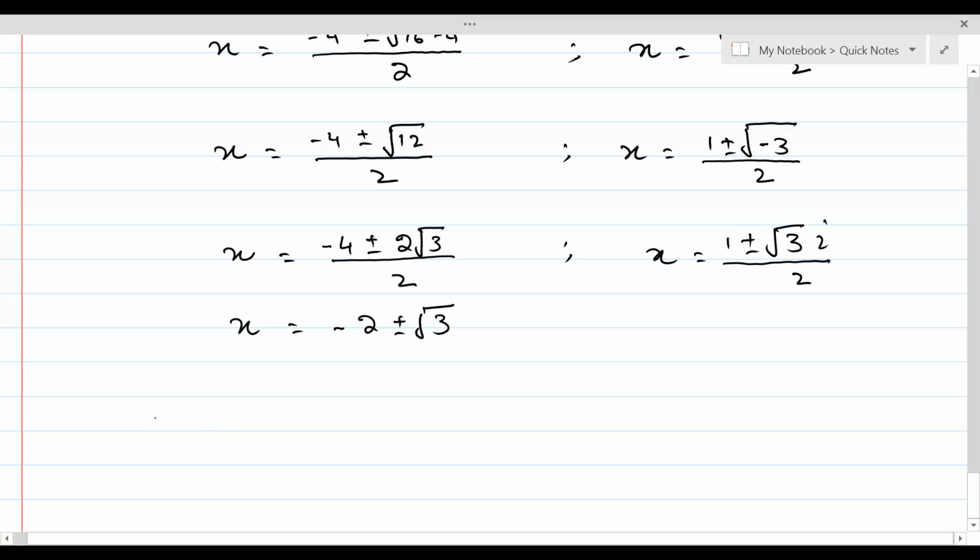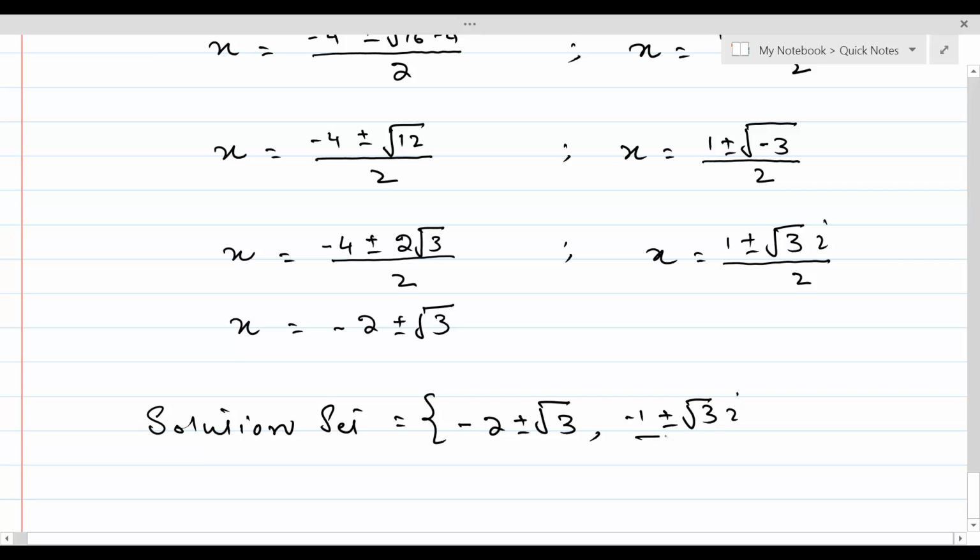So the solution set is equal to minus 2 plus minus under root 3 and 1 plus minus under root 3 iota over 2. So this is the solution set for the given reciprocal equation.